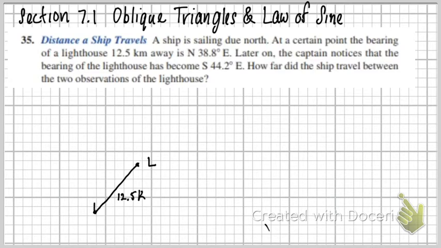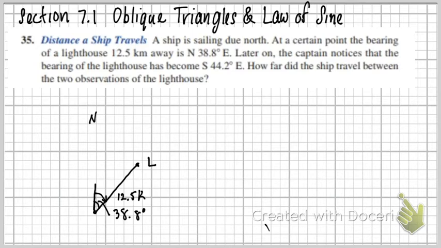And it's saying I'm traveling due north, and it's saying this angle is 38.8 degrees, because I'm traveling north, because that would be my north, in this direction. And then 38.8 degrees east would bring it over here. And that's what that angle is there. Because east is to the right, right? North, east, south, west.